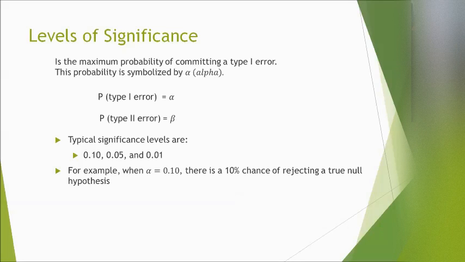Typical significance levels are 0.10, 0.05, and 0.01. For example, when your alpha level is 0.10, there is a 10% chance of rejecting a true null hypothesis. Meaning, if your significance level is 5%, there is a 5% chance of rejecting a true null hypothesis, or 1%. So it's 0.10, 0.05, and 0.01.